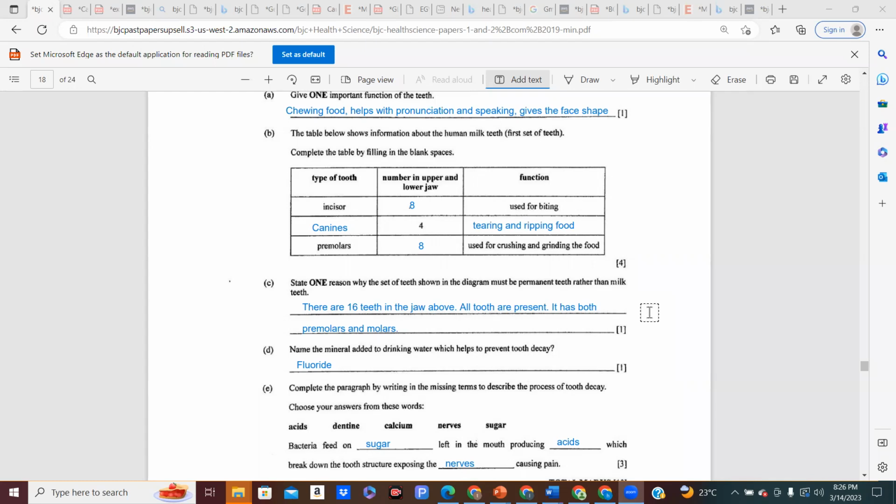Yes, sir. Okay. How many incisors are found in the mouth? Eight. Eight, very good. How much in the top and how much at the bottom? Four at the top and four at the bottom. Very good.